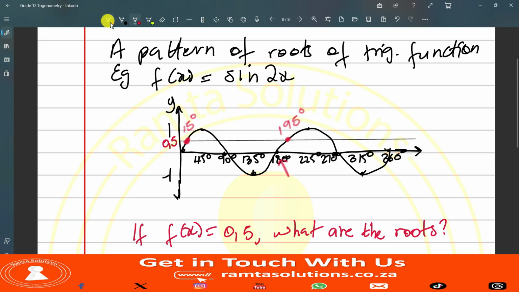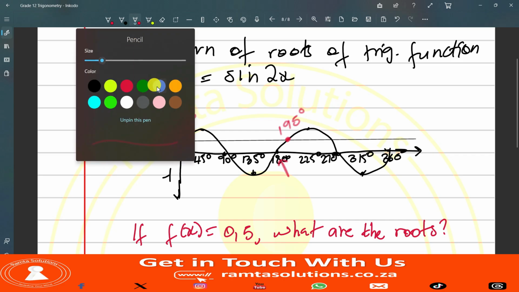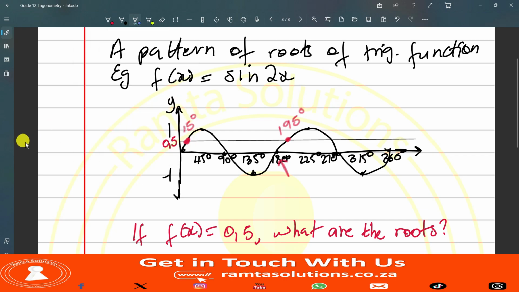I'm solving for x. Now, I recall from the reduction formula that sine is positive in the first and the second quadrant. In the first quadrant, all ratios are positive. For the second quadrant, I have 2x equals 180 minus 30, which is 150.